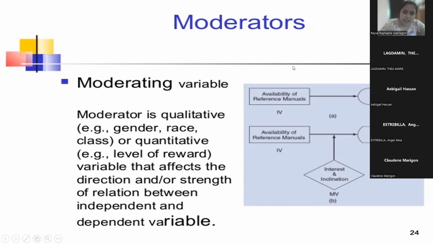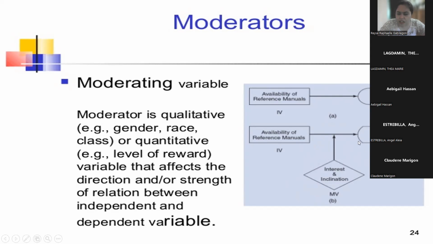Example sa library. Ito yung mga reference manuals or materials sa library na gusto natin makuha kung gaano karami ang number of rejects. That's the dependent variable. Pwede naman ito lang talaga yung kukunin natin sa research. But if we look at it deeply, merong isang variable dyan that will affect the strength or the direction of the change. So example, ito yung mga available na reference manual.